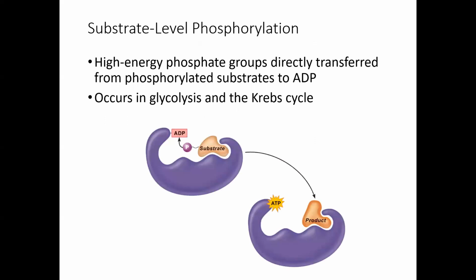This is substrate level phosphorylation. The purple things are the enzymes. They're not really purple, but they are here. The substrates land on the enzyme. The substrates are the glucose molecule. The enzyme is the dehydrogenase enzyme that's pulling off the hydrogens and the electrons.